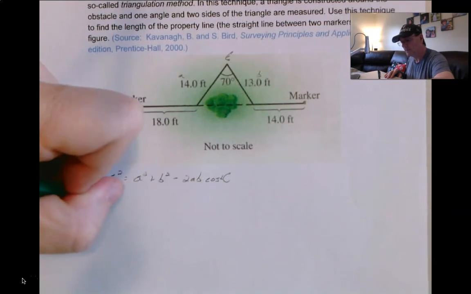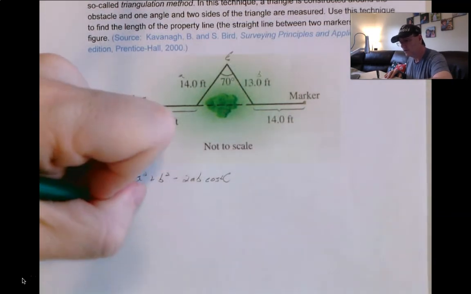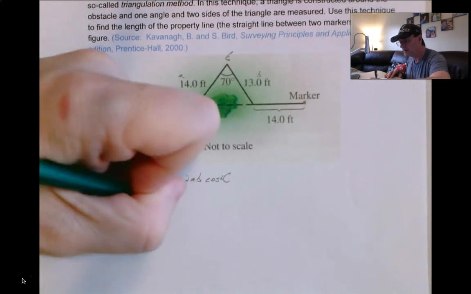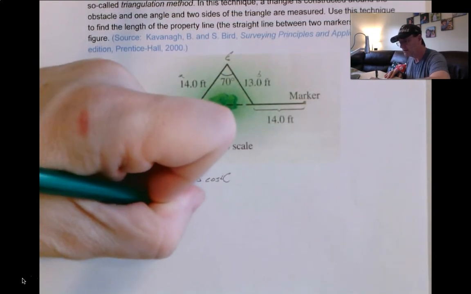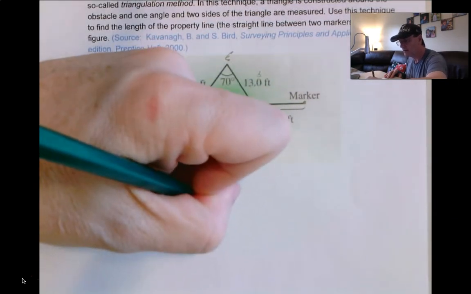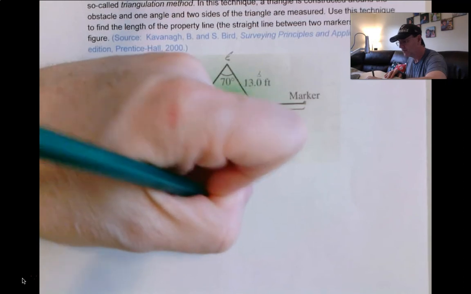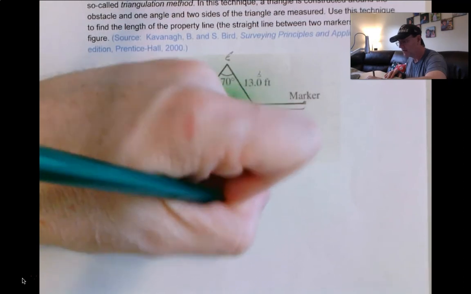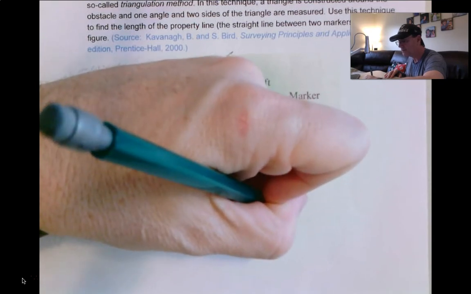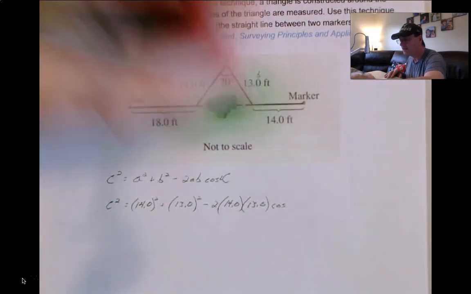C squared equals 14.0 squared plus 13.0 squared minus 2 times 14.0 times 13.0 times cosine of 70 degrees.